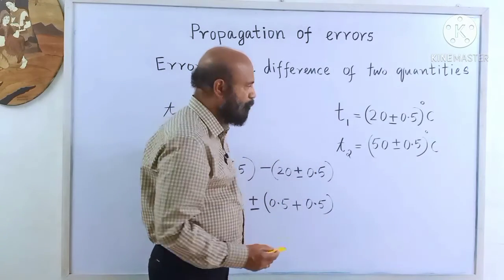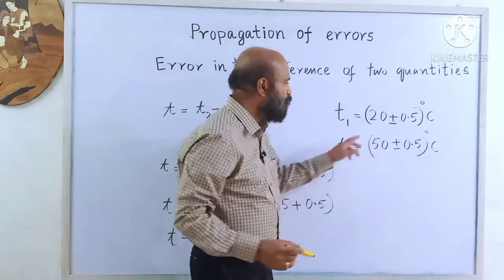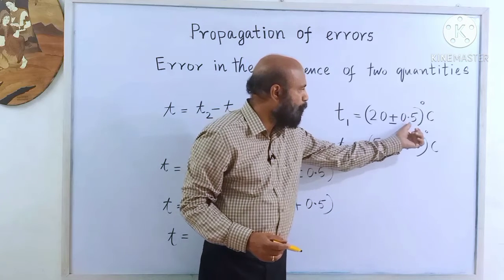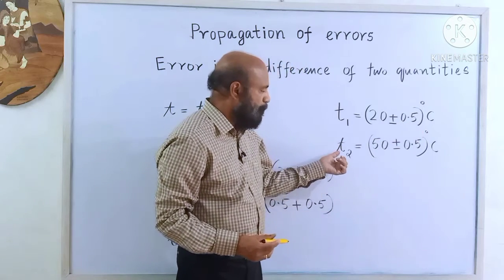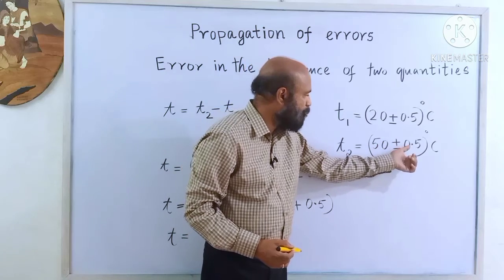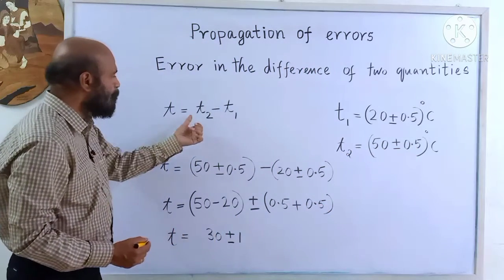Temperature of two bodies are given. Temperature of the first body is 20 plus or minus 0.5. There is an error of 0.5. Temperature of the second body T2 is 50 plus or minus 0.5. Now we have to find the temperature difference.